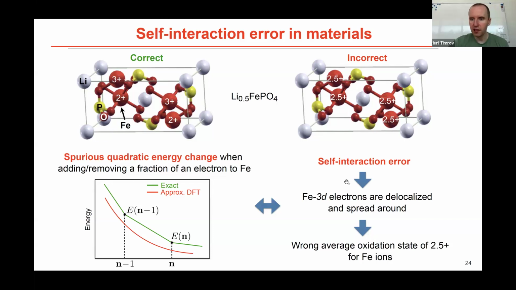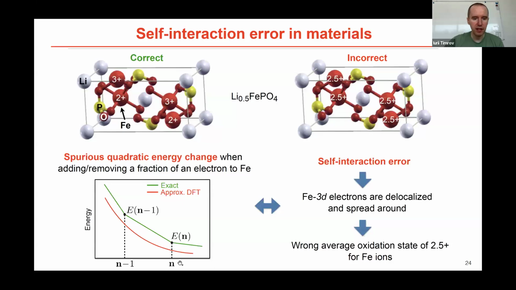This self-interaction error and delocalization problem are connected to how energy behaves when we add an electron to iron or remove an electron from iron. It's connected to this concept, which is very important for what follows. Here we're showing the energy as a function of the number of electrons.